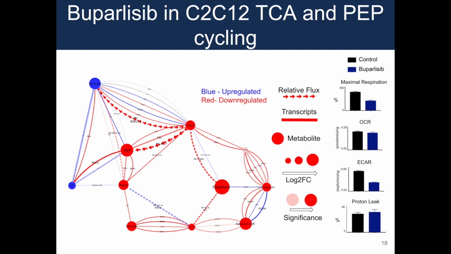What's interesting here is to see that the maximal respiration and ECAR, which come from oxygen consumption rate, are almost halved for boparlisib with respect to the control. And you see a similar effect in the TCA cycle as well, where most of the metabolites, transcripts and fluxes of the TCA cycle are all significantly downregulated.